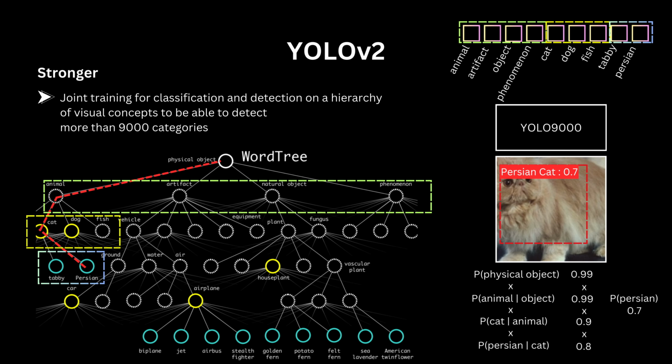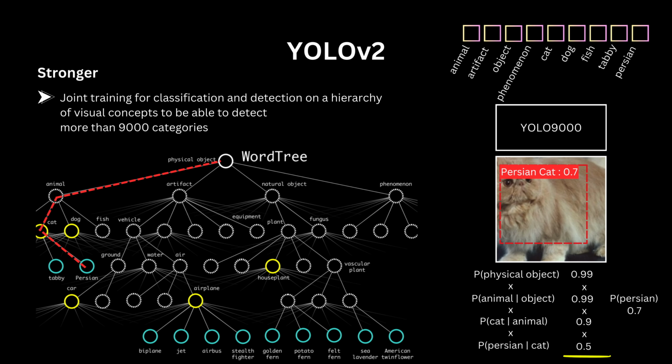This is exactly how, at inference, we predict the desired class and score. We keep going down from root node and at every level choose the class with the highest score, and then go further down that path till either we reach a leaf node or a level where our highest classification score does not meet a predefined threshold. Let's say the conditional probability for Persian cat predicted by our model was 0.5 and our predefined threshold is 0.75.